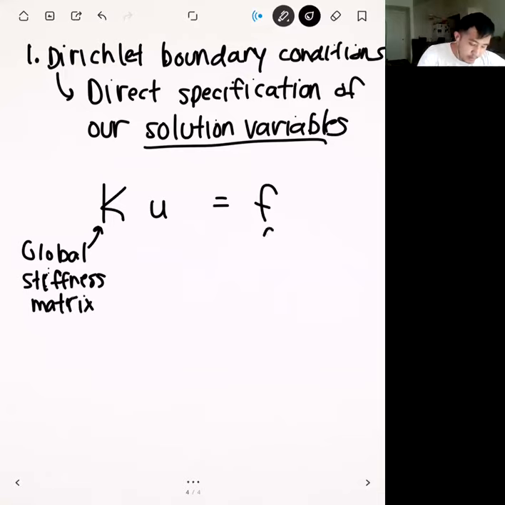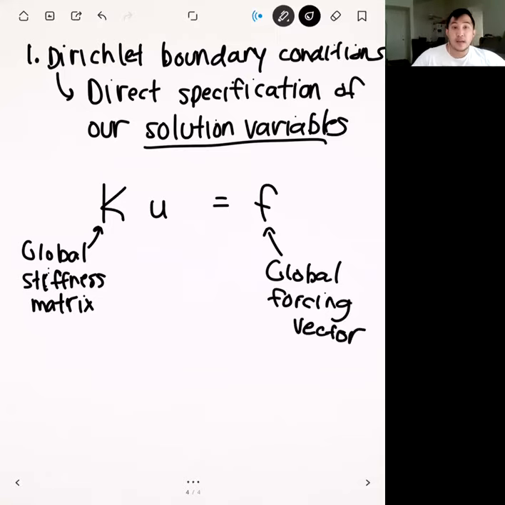Okay. This F right here, this is our global forcing vector. Okay. And this U right here, this U is our solution vector.